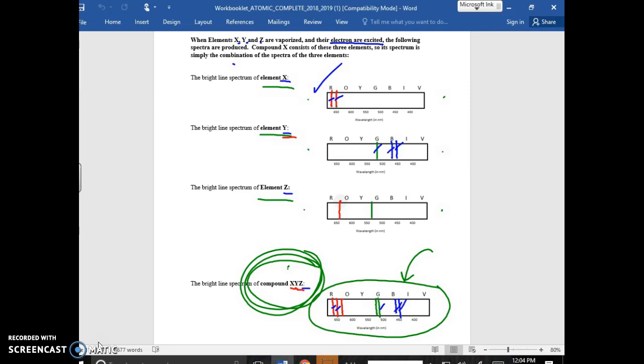And the remaining two lines, the red line and the green line from element Z, are also there, which are evidence for the presence of that one as well. So again, a very powerful little tool that's used all the time in, for example, forensics, in order to identify samples or to identify specific important compounds in samples, let's say, from crime scenes.